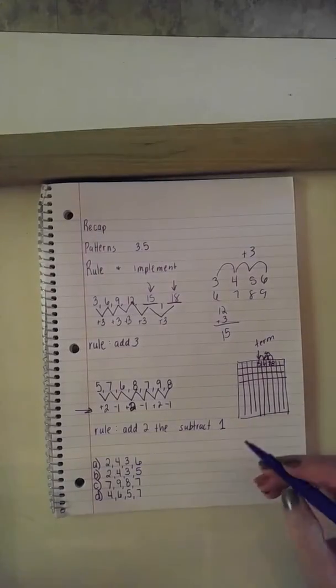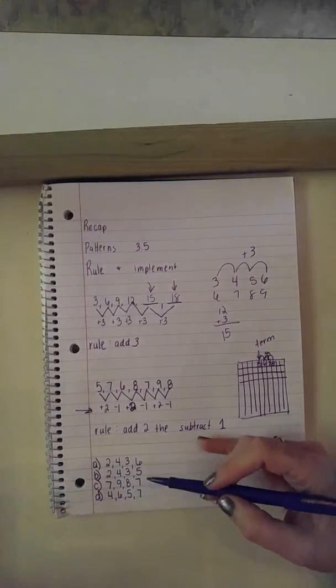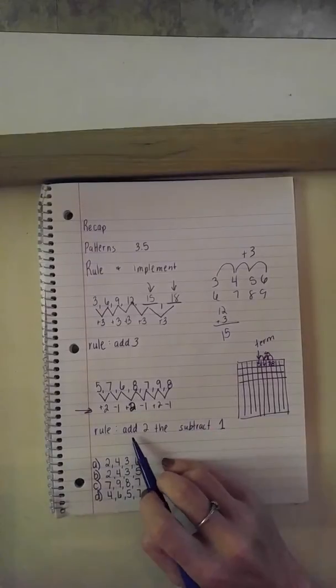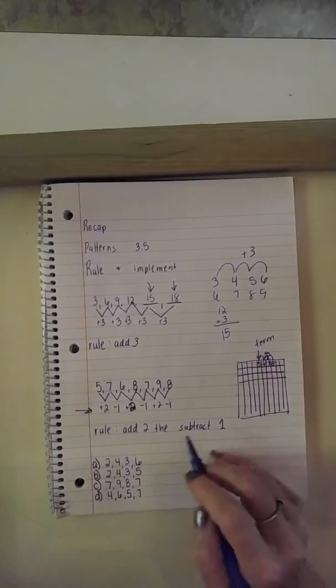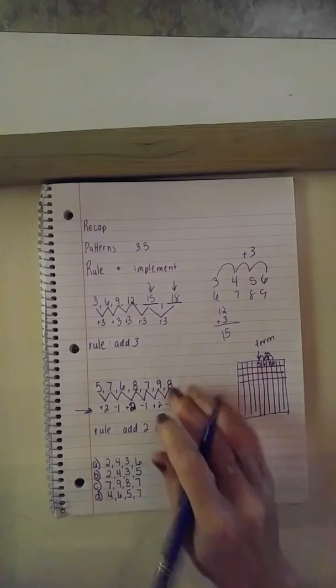All right, so here I have options, and I have to work through every one of my options to see which ones also follow the rule of add 2, then subtract 1. So I would work each of them out just as I did here.